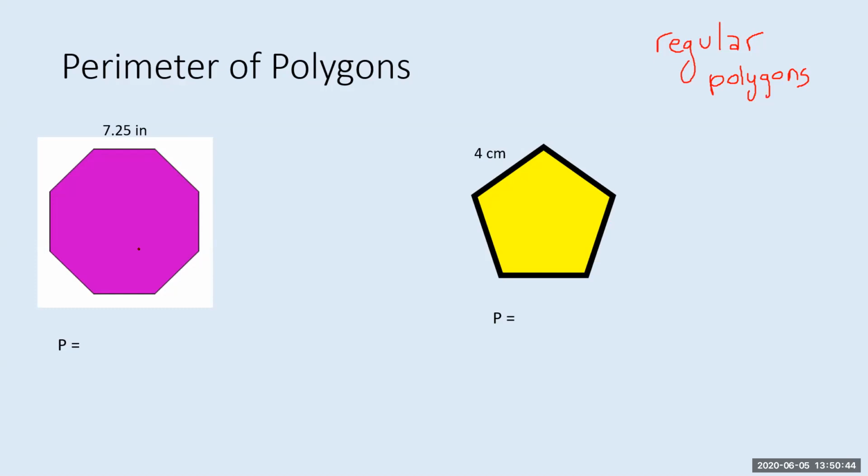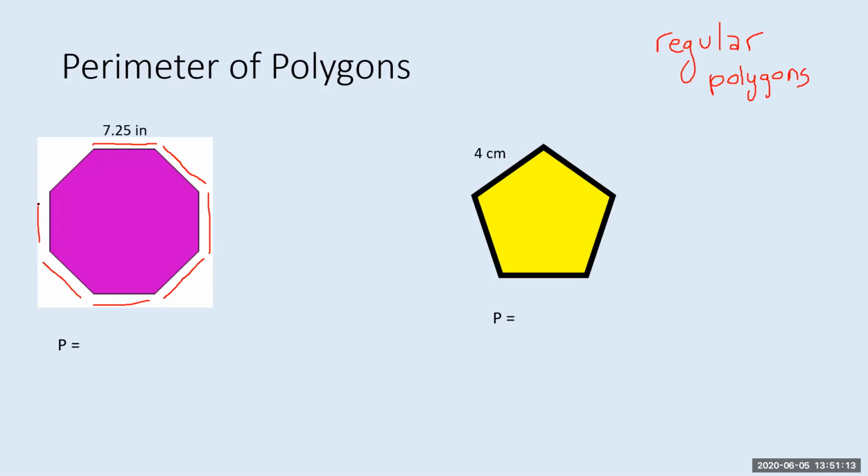Since they only give us the measurement of one side here, the top side, and they don't label any of the other sides, but they're asking us to calculate the perimeter, we can go ahead and assume that each of these sides are intended to be the same.